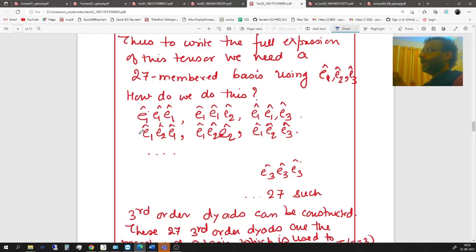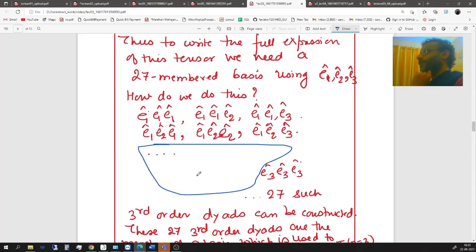And when you try to create such new entities, you will see you can create 27 of them. Some of them I have shown here, and whatever is in between, if required, one can explicitly write that also.